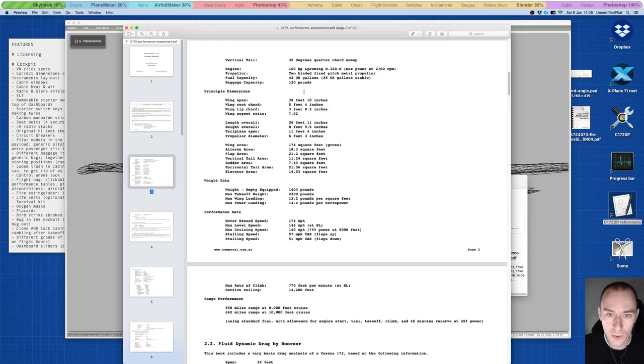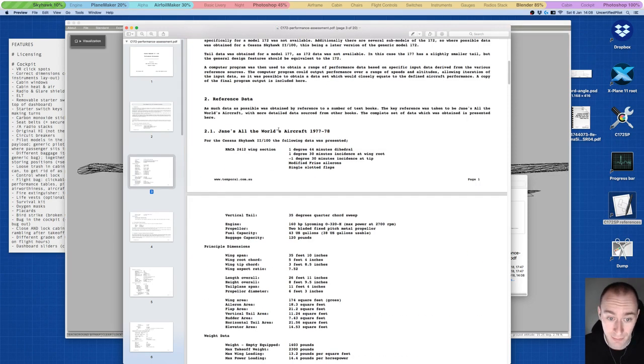Jane's All the World's Aircraft. That's a book, actually quite an expensive book. I think the PDF is also available online, where all of the aircraft in the world to date, well, this is a dated one, as you can see, are described.